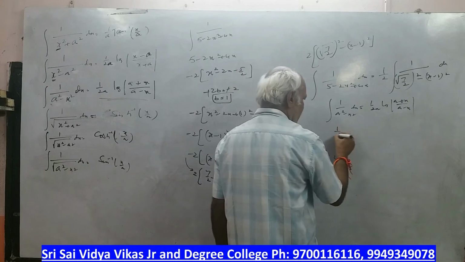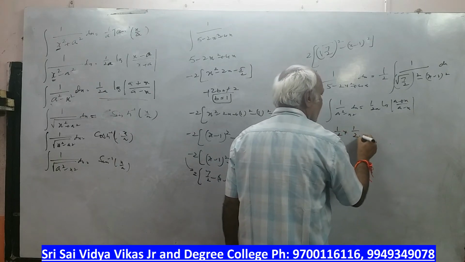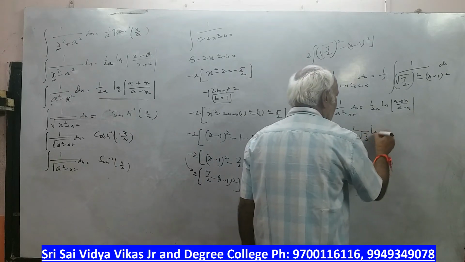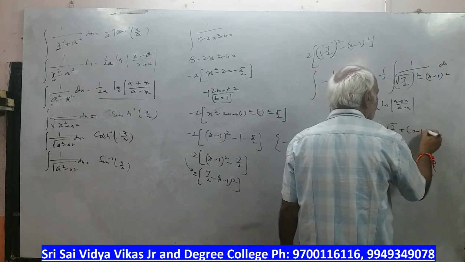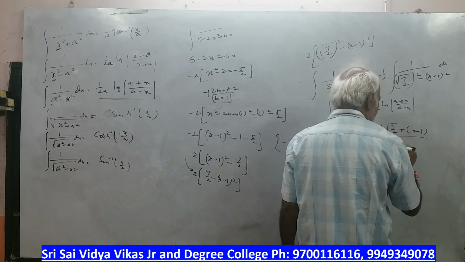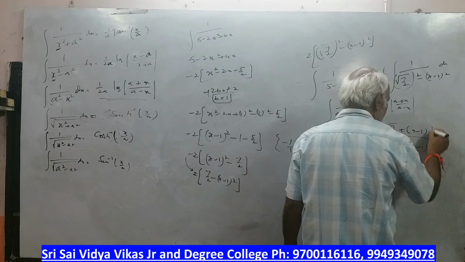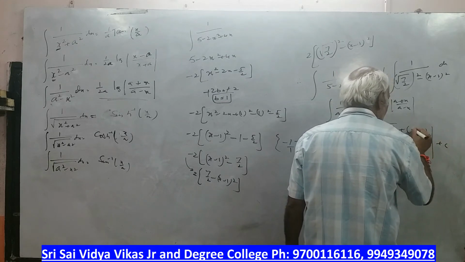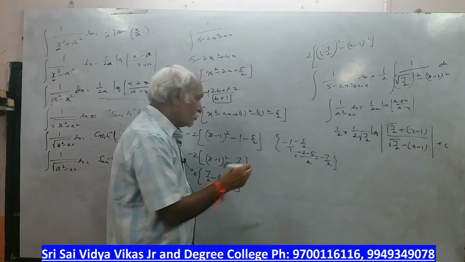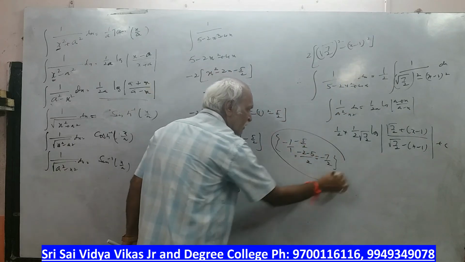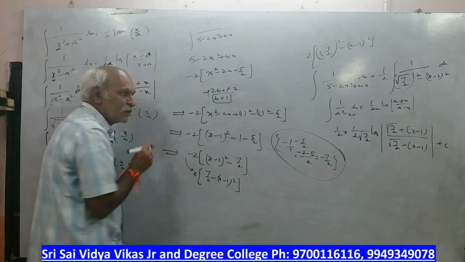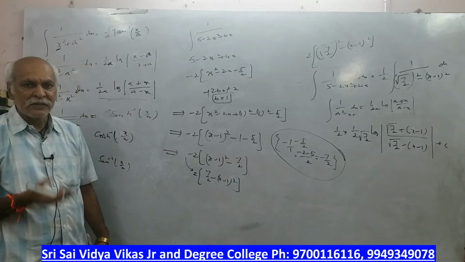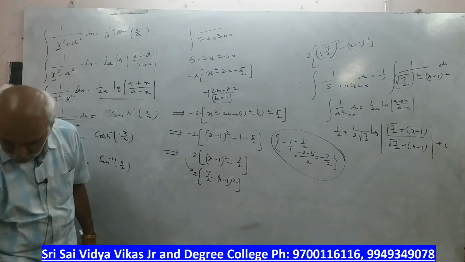So 1 by 2 into 2a log of a plus x by a minus x plus c. Understood here? So this flower bracket is very, very important, and taking common is important. These problems you have to know. We will be doing so many problems based on this, sir. Okay, most important. Please note down this.